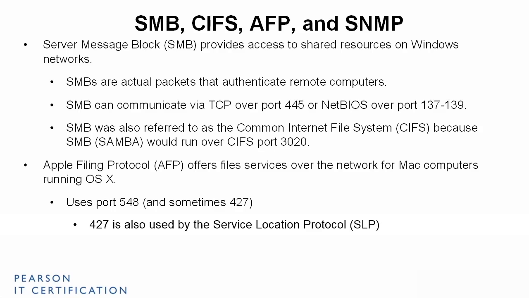So it works on port 427. It often uses UDP as the transport mechanism, but can also be used with TCP. Now, Mac computers can also make use of SMB and other protocols for making connections to other systems like Windows computers or Linux computers.